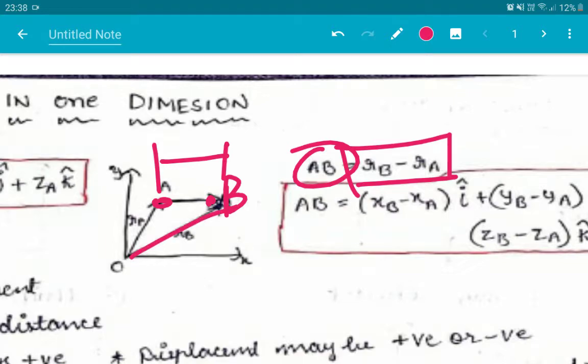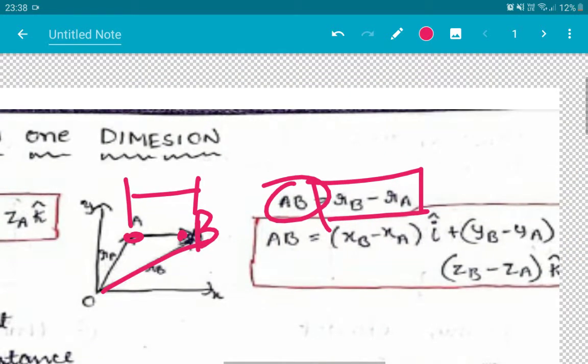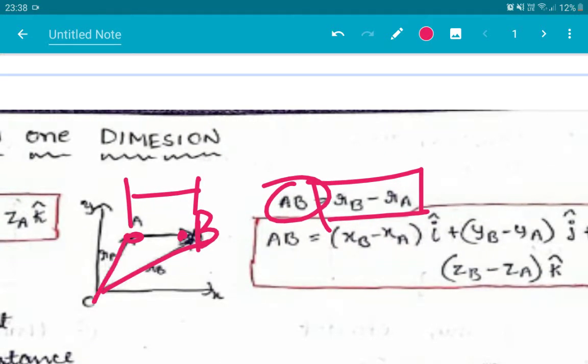So this distance minus this distance, you will get this distance. I hope you might have understood. So RB minus RA, this is RB and this is RA, will give you AB.